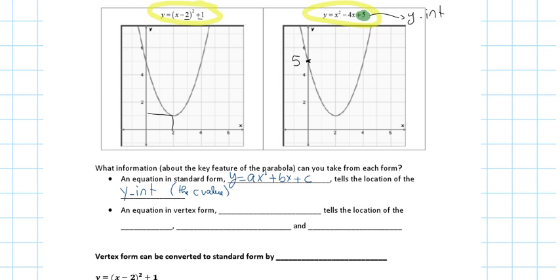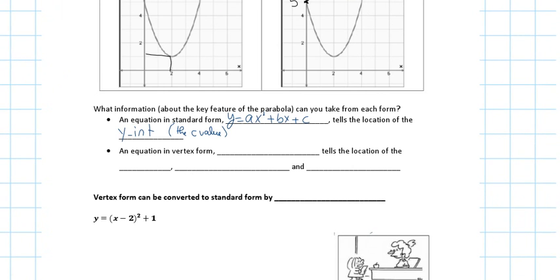An equation in vertex form, y equals a(x minus h) squared plus k, tells you the location of the vertex, axis of symmetry, and optimal value. If you miss the squared, then it doesn't become quadratic. Remember that the optimal value and the axis of symmetry both relate to the vertex.